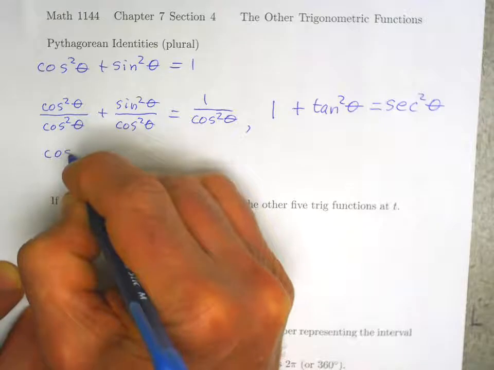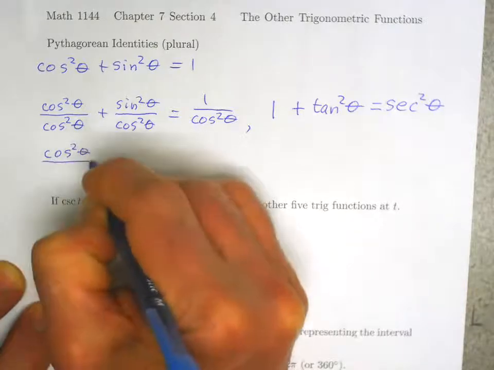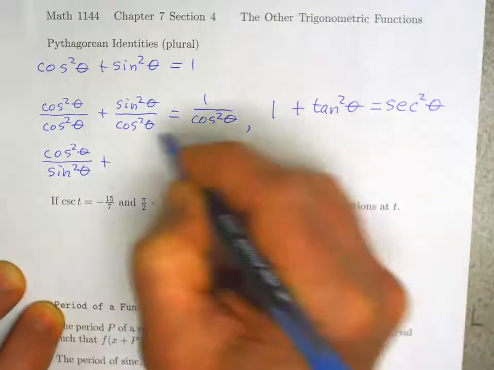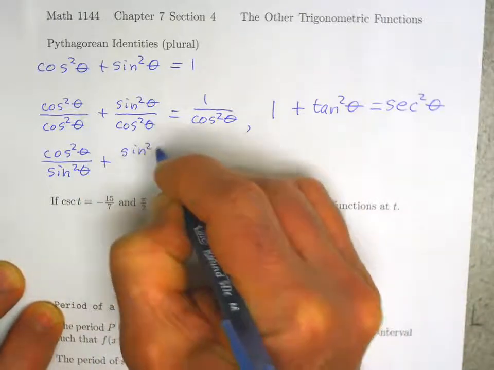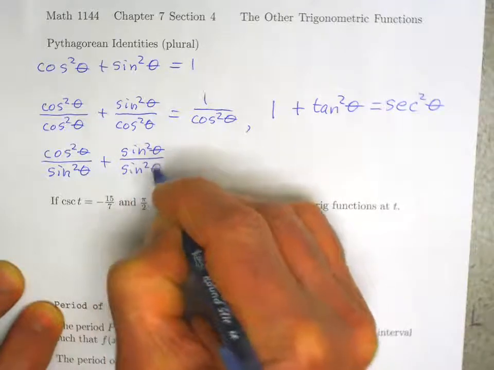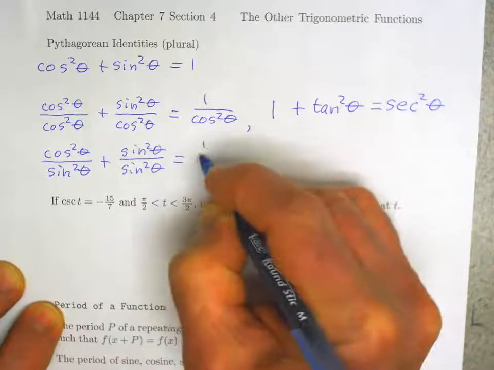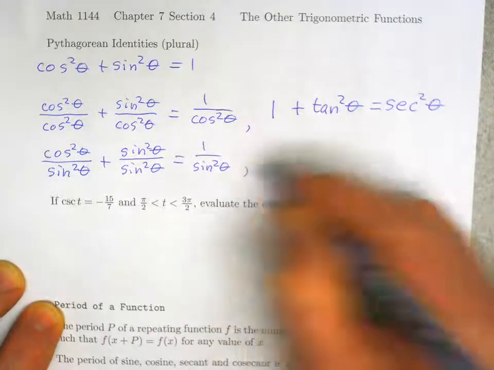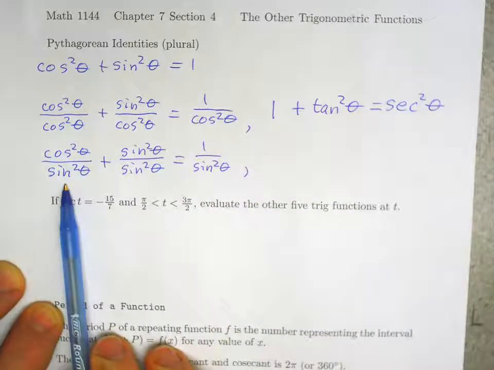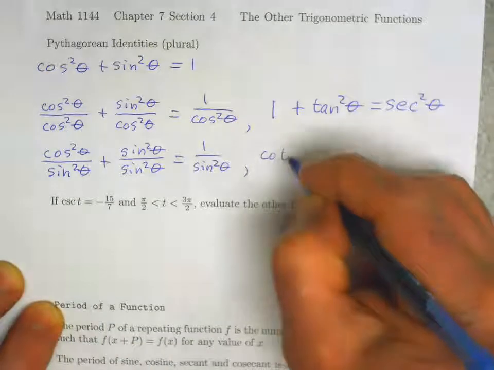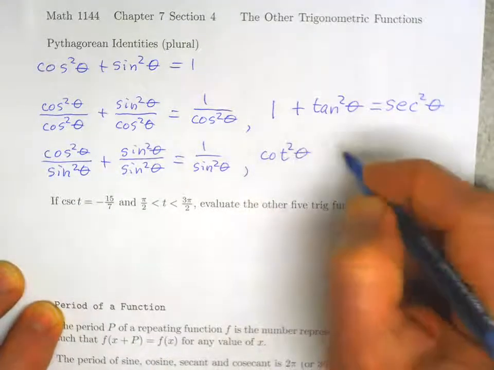So divide cosine of theta squared by sine of theta squared. Divide sine of theta squared by sine of theta squared. And divide 1 by sine of theta squared. Cosine of theta squared divided by sine of theta squared is cotangent of theta squared.